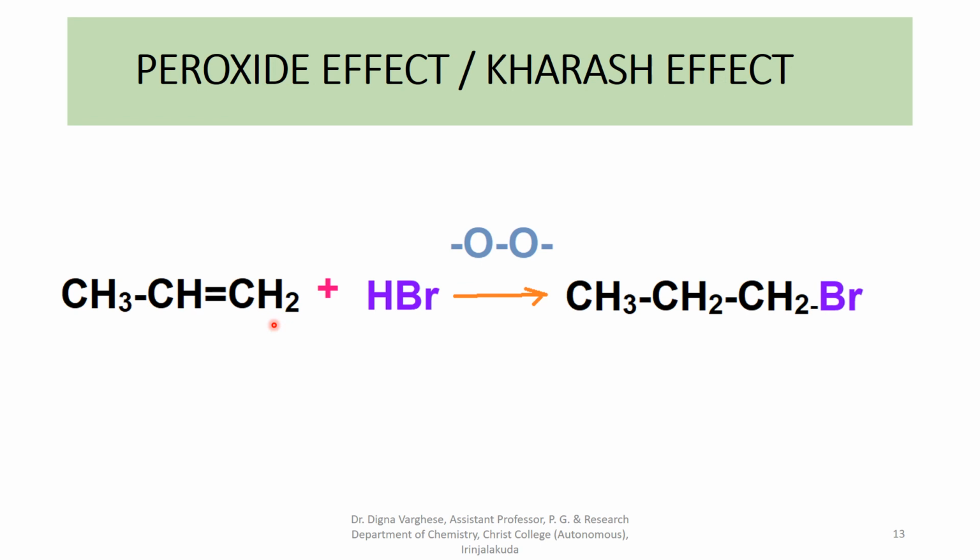In the case of Markovnikov's addition, the bromide will react with this carbon atom. But here, in the presence of peroxide, the negative part of the molecule attaches to the carbon atom that contains more hydrogen atoms. Such an effect is known as the peroxide effect. It is also known as the Kharasch effect. This only happens in the presence of peroxide.